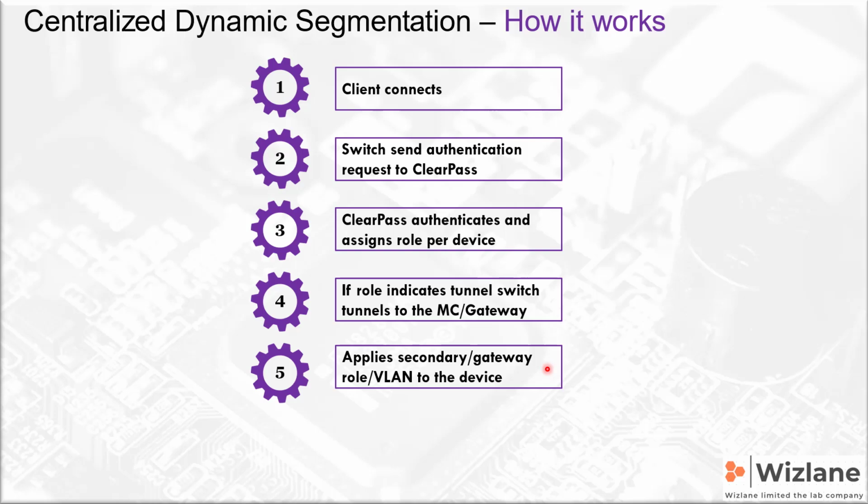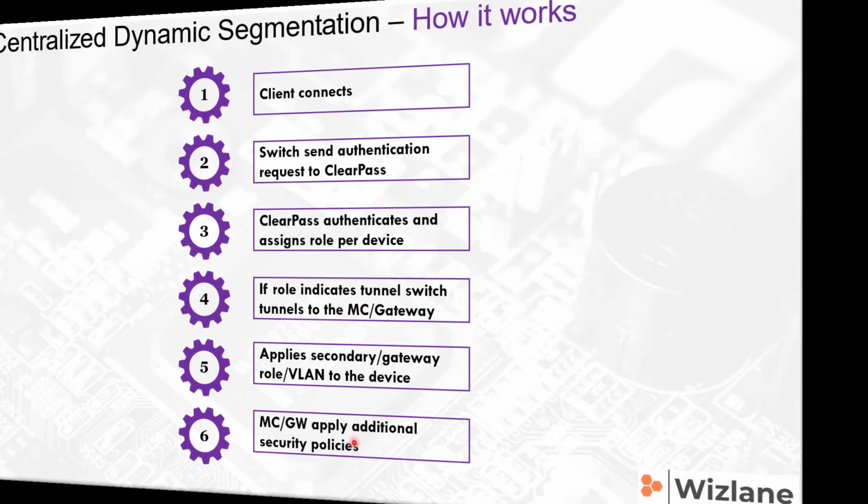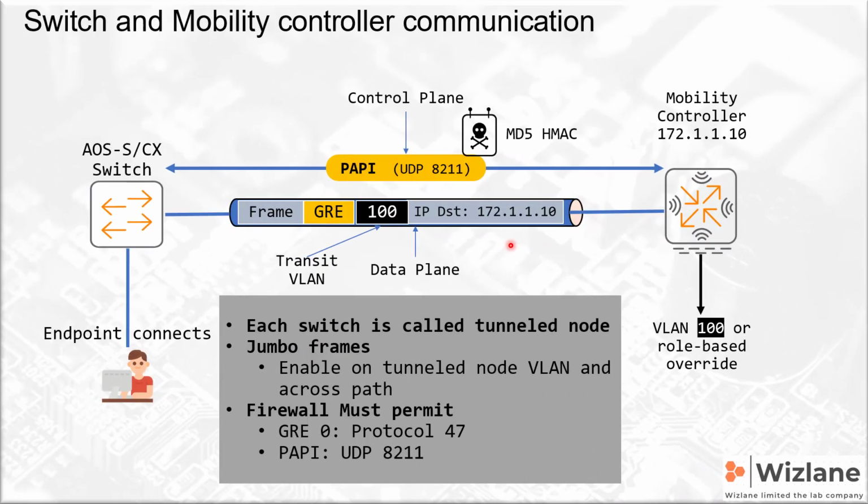We will be able to assign settings as per our configuration and apply additional security policies based on what we have configured. So let's look at some details about the communication between the mobility controller or the gateway and the switch. What will happen, again, is the endpoint will connect to the switch. That's a CX switch or AOS-S switch.